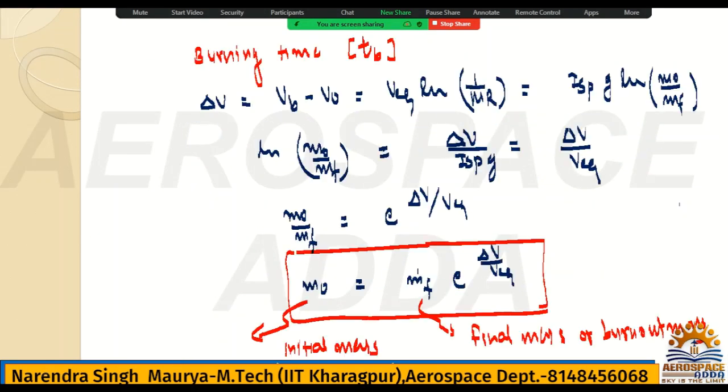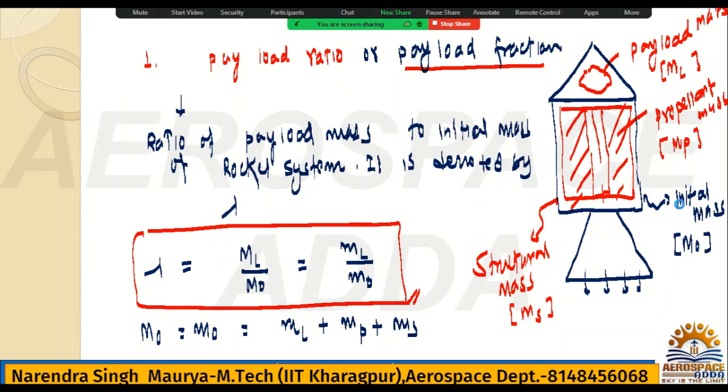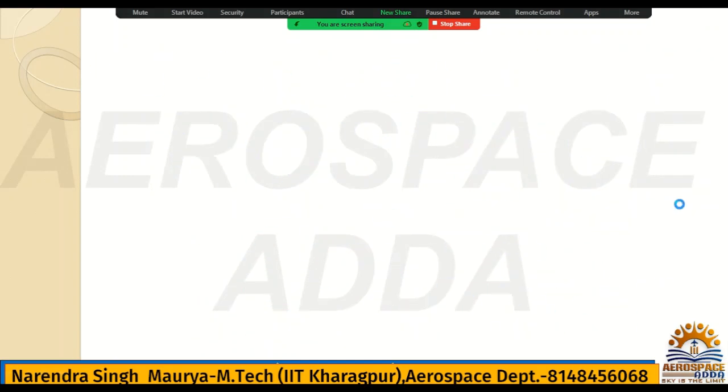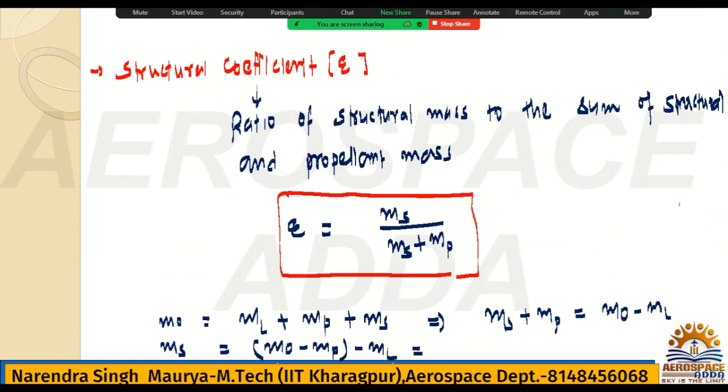So check here, m naught minus mp you can also write as mf, mf minus ml. Now it is fine. So ms plus mp is m naught minus ml, and ms is nothing but mf minus ml.